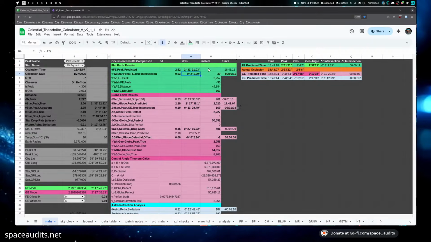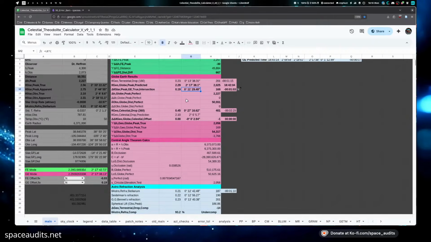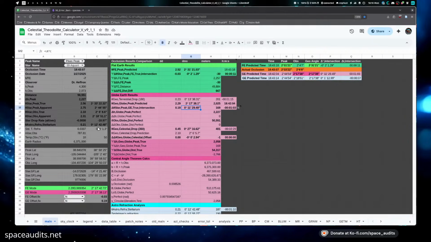These would be reversed. But what we're finding throughout every measurement is that flat Earth is closer and the globe Earth is off. And then the argument from the globe has been that, well, that's just coincidence. There's actually astronomical refraction, and we want to use it from the observer location.